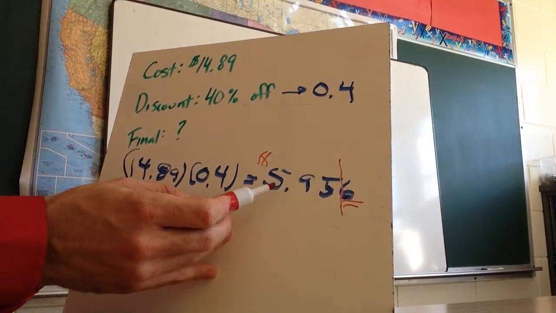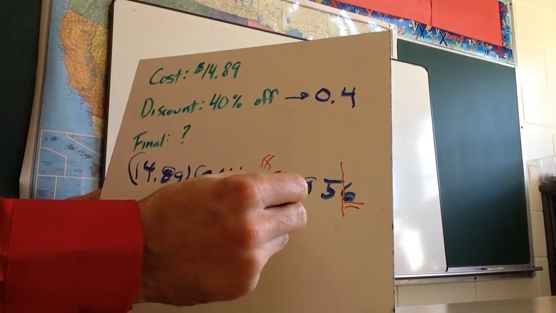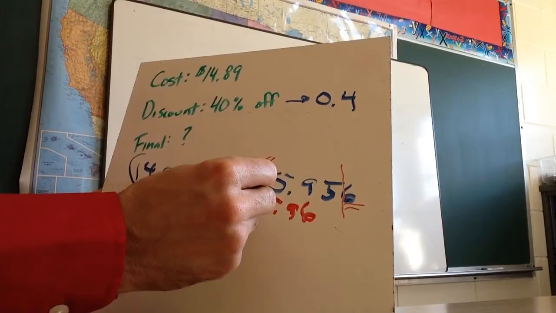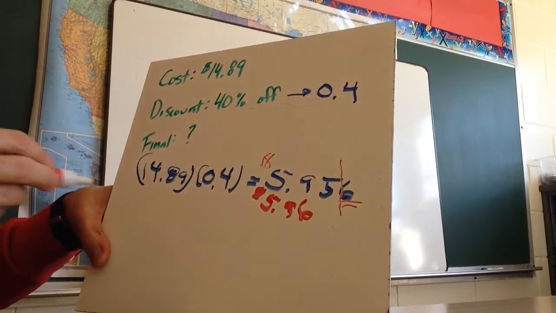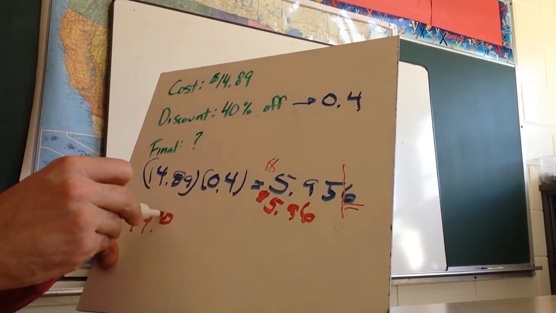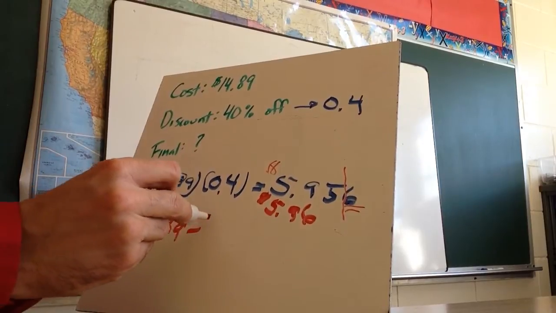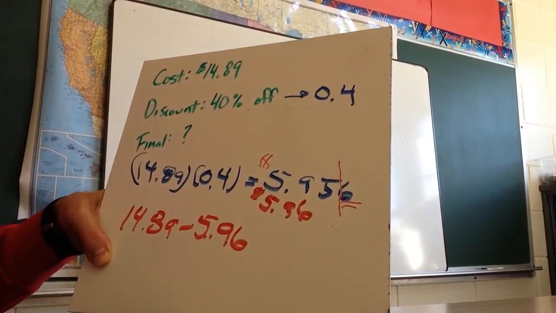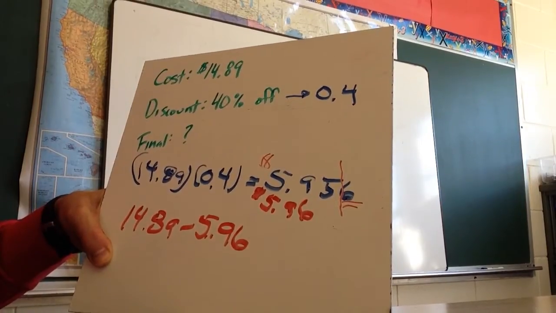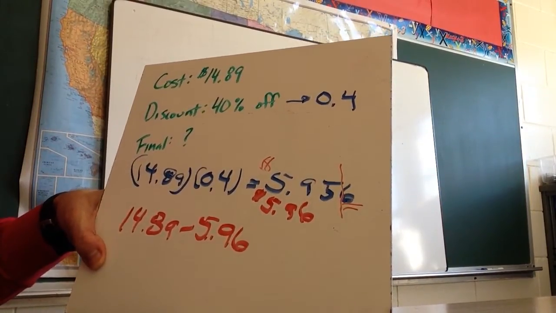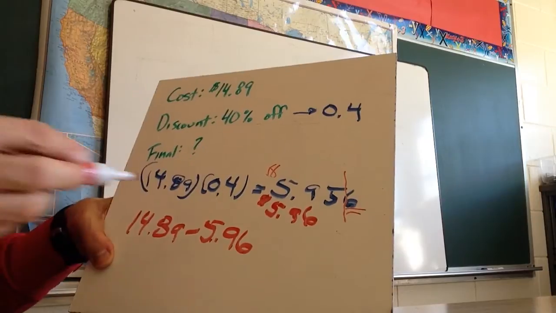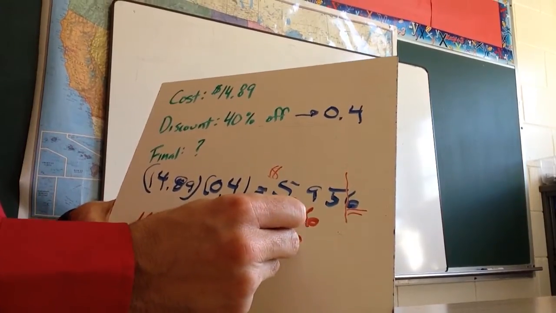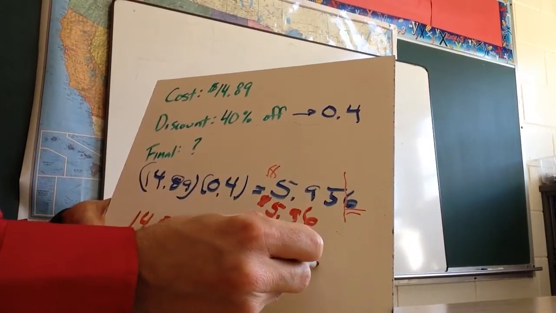So this is going to become $5.96. So I'm going to take $14.89, and I'm going to subtract $5.96, and that is $8.93.